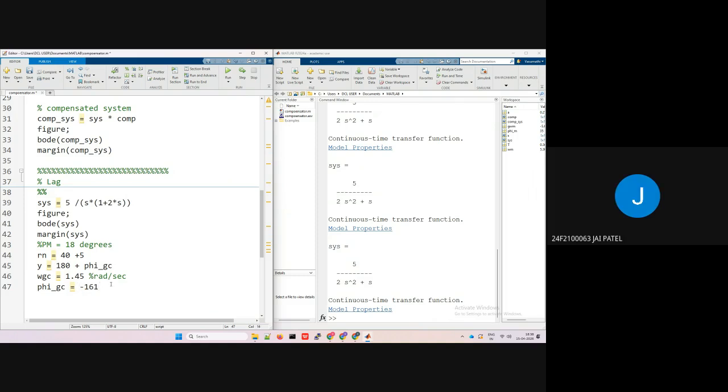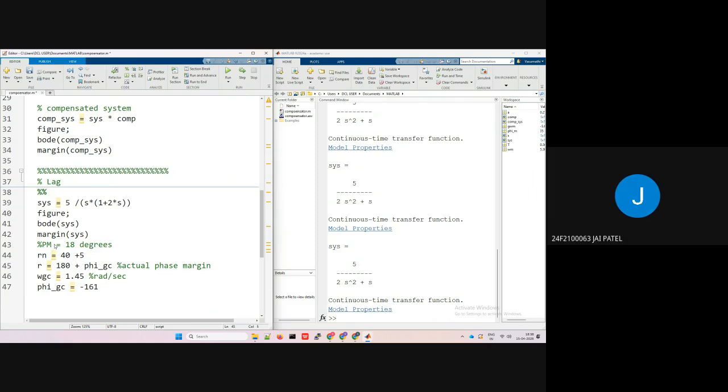But what is the gamma? Since I couldn't write it here properly with the mathematical symbol, I'm using R instead of gamma, where gamma is your actual phase margin. That is what you found here, 18.